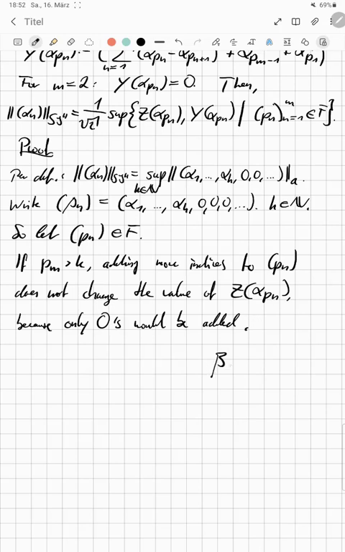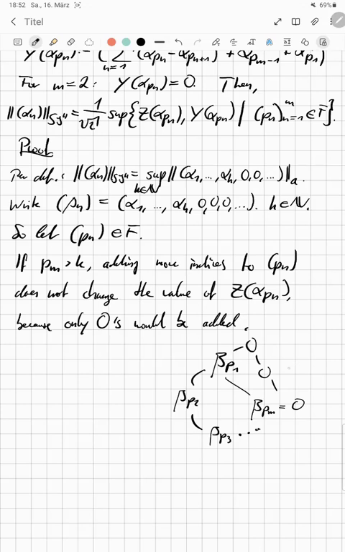Maybe we go back to our little picture. So we have here beta P1, then we have beta P2, and beta P3, and we go further and further, and at some point we go to beta Pm. This is the same as 0, and then it doesn't matter if there are more zeros here, and we then go to beta P1, or if you just straight up go to beta P1.